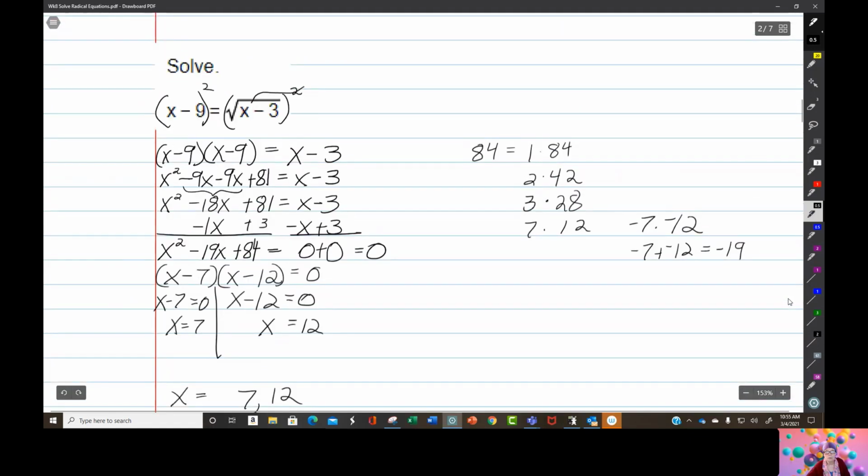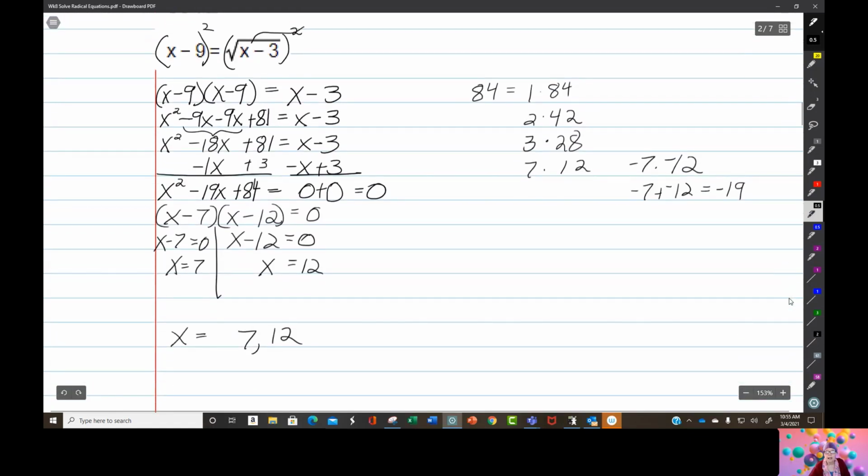So we go back and we check. With the original equation, x minus 9 equals the square root of x minus 3, and we'll check the other answer as well.